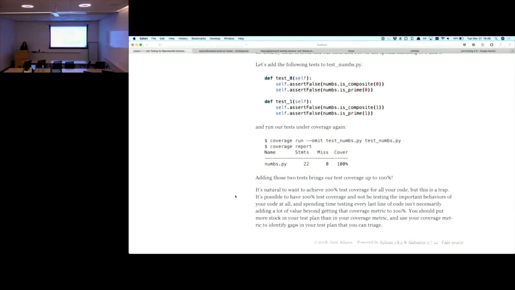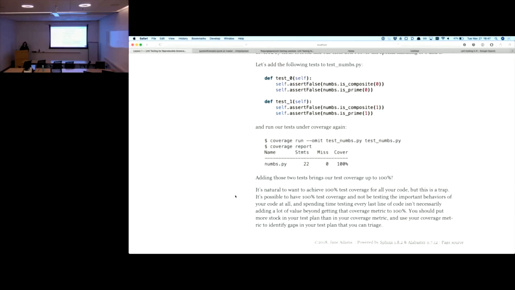Sometimes you have code that is so dead simple that testing it would be an exercise for you to do on your own time if you really felt you needed to. But the integrity of your code base is not going to suffer if you don't test for that thing.